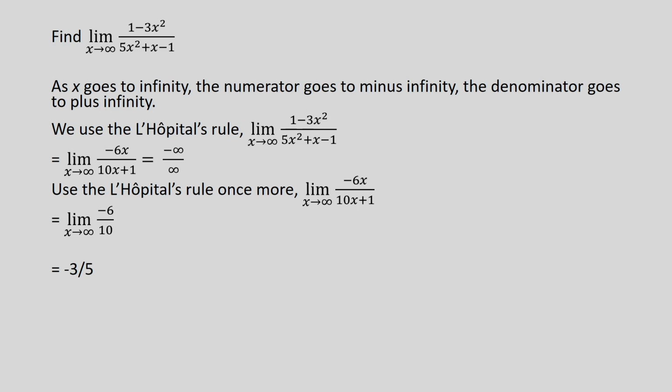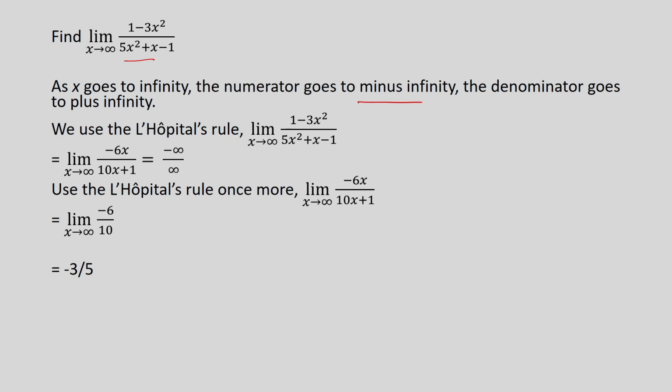Now, you can just look at it and verify that as x goes to infinity, the numerator goes to minus infinity, because you have 1 minus 3x squared. What about the denominator? The denominator goes to plus infinity, because you have 5x squared plus x. As x goes to infinity, the first two terms will go to infinity. Therefore, you have a form like minus infinity divided by infinity.